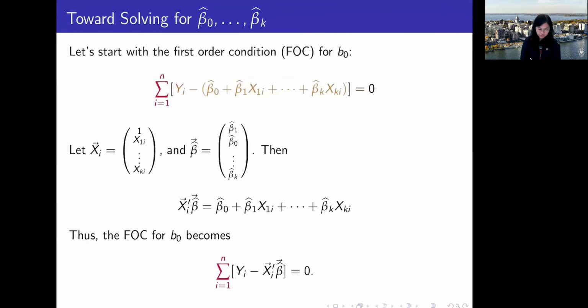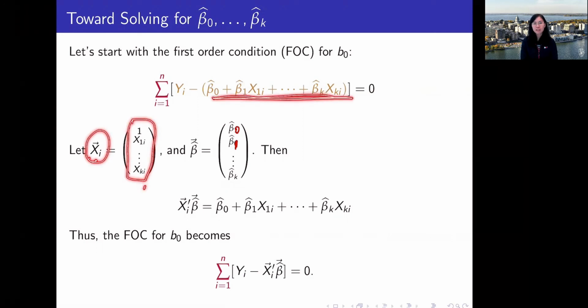Now, if you define the beta hat vector to be this column vector, so here there is a typo, that's beta 0 and that is beta 1. If you define the beta vector to be this column vector, and you define the xi vector as this column vector, then this sum, this linear function of the x, can be written as the inner product of the two.